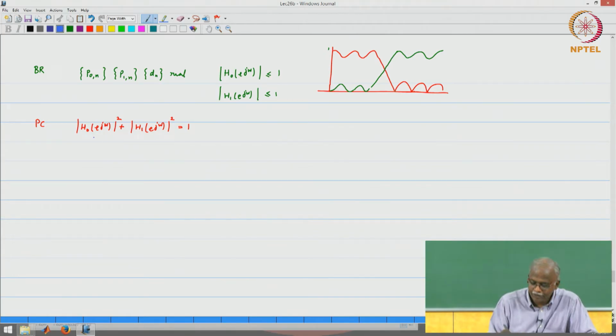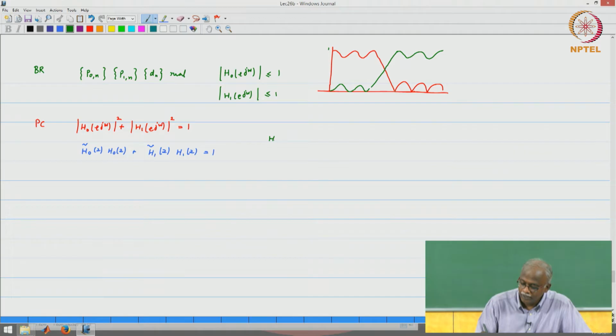By analytic continuation, we say that this is equal to H0 tilde of z times H0 of z plus H1 tilde of z times H1 of z equal to 1. That is the first step. Now I can substitute the expressions for H0 and H1: H0 of z is P0 of z divided by D of z, and H1 of z is P1 of z divided by D of z.